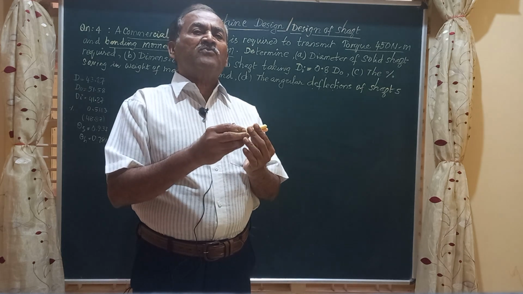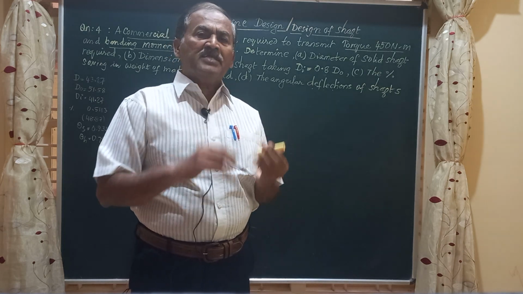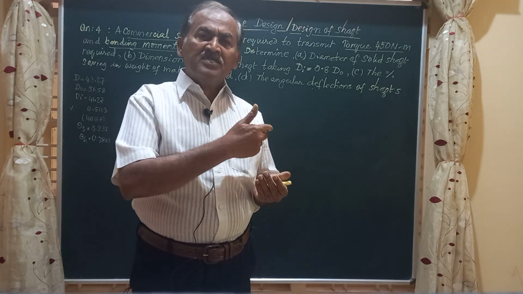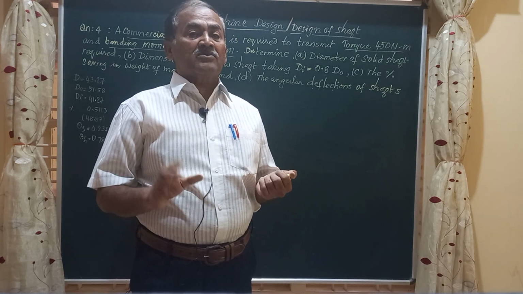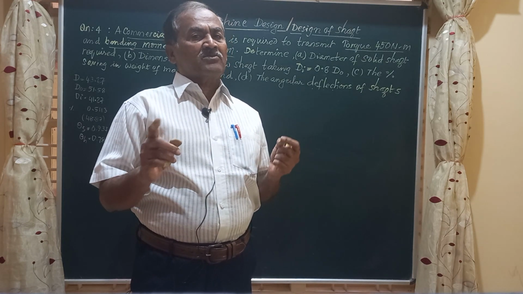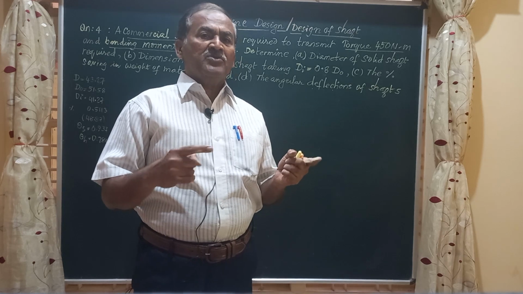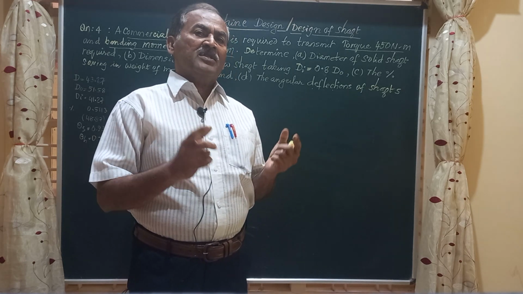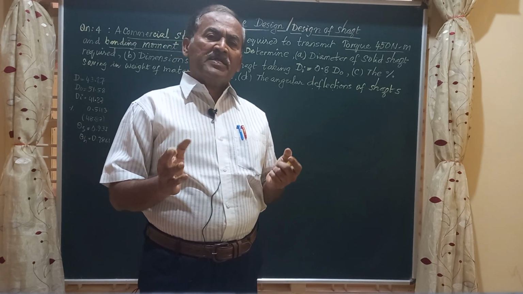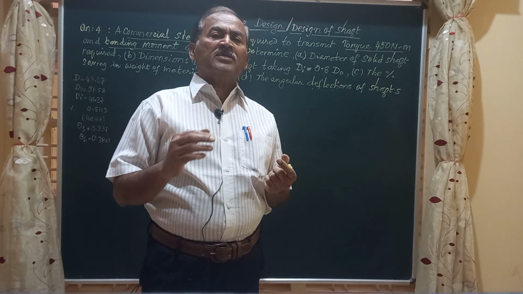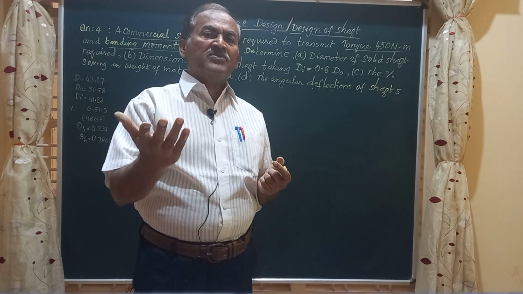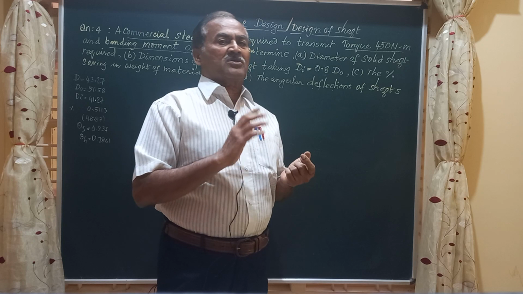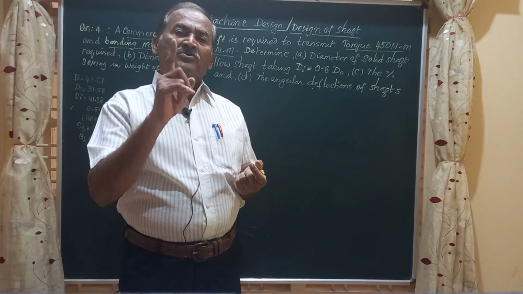And we will find out based on the area of cross section and the density of the material. Here you should remember the densities of the materials are the same when you are making a comparison, and the lengths are also the same. So let us find out the ratio of the weight of the hollow shaft to that of the solid shaft for unit length.